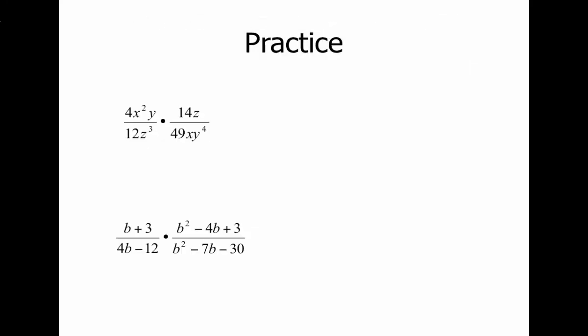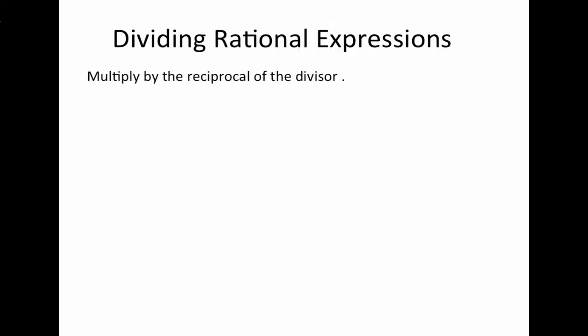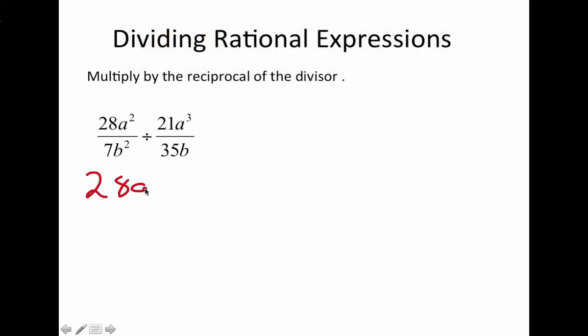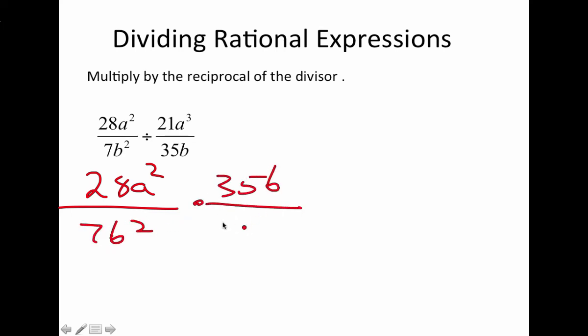More of the same. We're doing a lot of canceling. Let's go over to dividing. When we divide, if you remember back to your elementary days, we flip the second guy and multiply. So I'm going to leave this alone, 28a squared over 7b squared, and I flip the second guy, and now it's a multiplication problem, just like what we did. 28 is 4 over 1, 28 over 7.